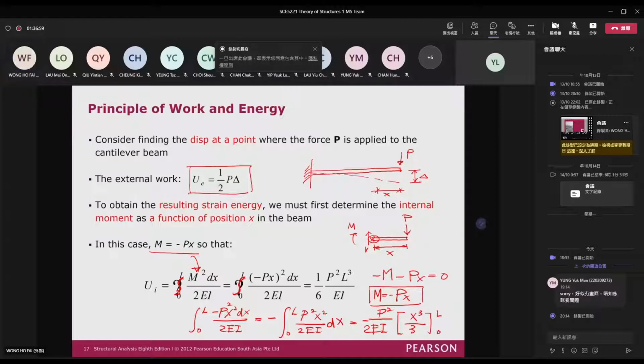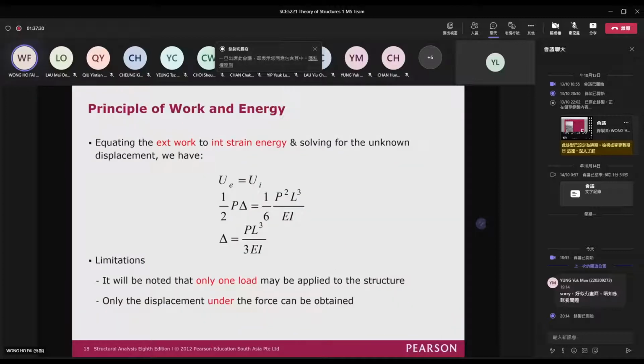So you have the value of 1 over 6 P squared L cubed over EI. This is the strain energy inside your structure. And then this strain energy will be equal to the external work done because of energy conservation. So you put half P delta equal to 1 over 6 P squared L cubed over EI. Then you find that the deflection is equal to P L cubed over 3 EI.